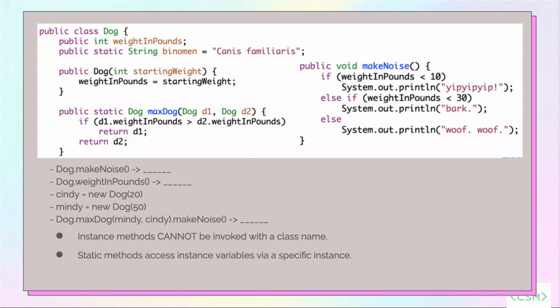Since maxDog is a static method, we can call maxDog on the dog class to compare Cindy and Mindy. Because Mindy is heavier, it's going to return Mindy. So when Mindy makes noise, since Mindy's weight is 50, it should output woof woof.